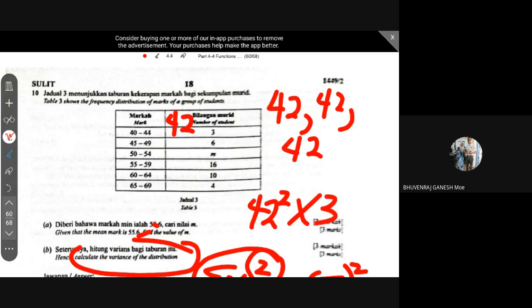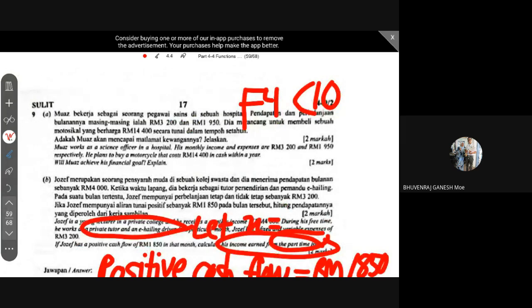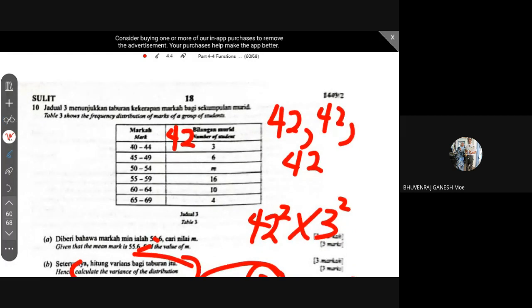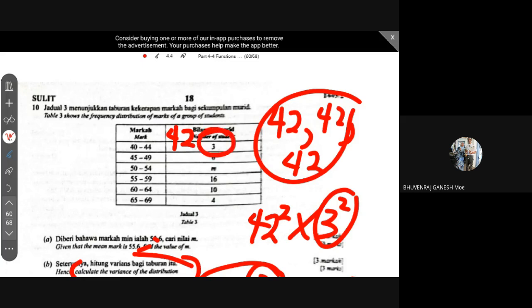You try to calculate the value and you will get the same. It's not 3 squared, because the number of data remains 3 only. 3 squared would mean 9 data, but you only have 3 here. Only the 42 is getting squared. So, can you understand?